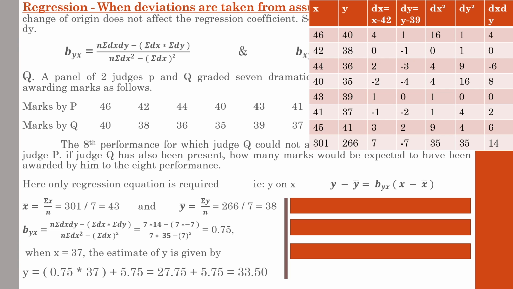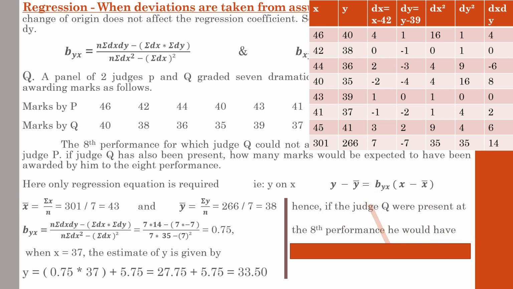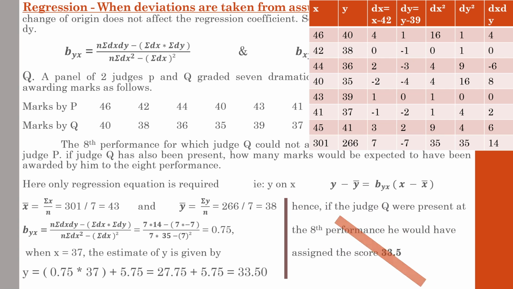So this is the mark that would have been given by Judge Q if he was present. If Judge Q were present at the 8th performance, he would have assigned the score 33.50.